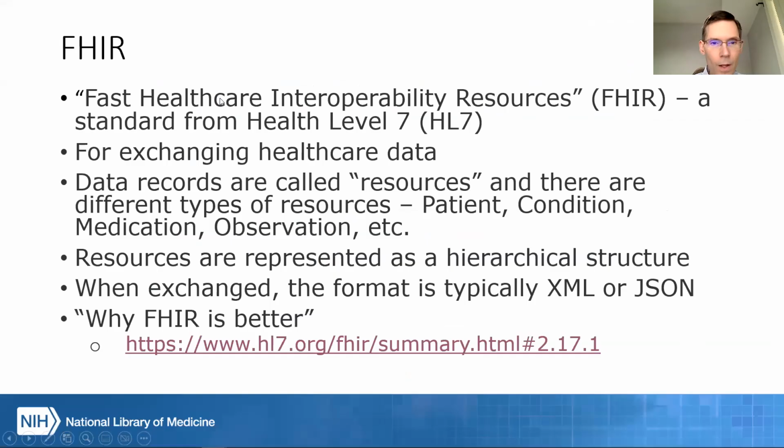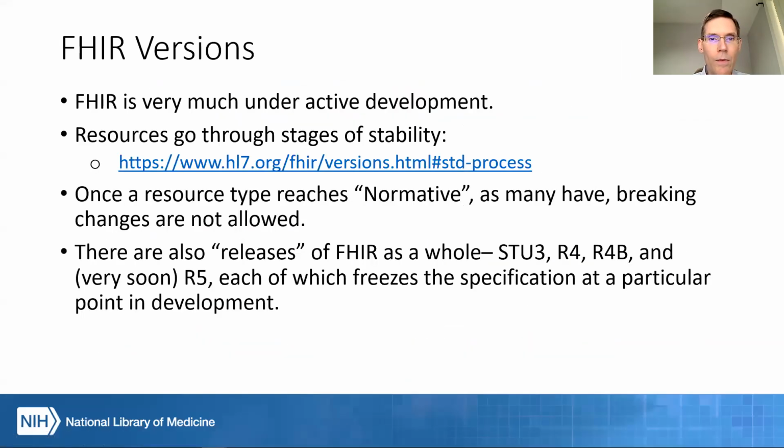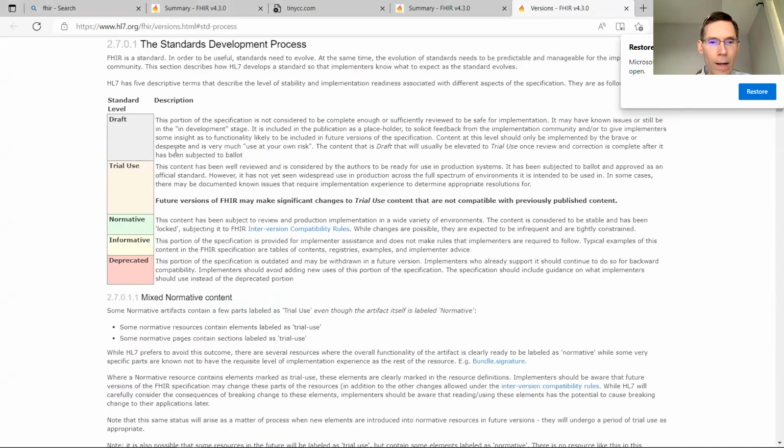Okay. So FHIR is very much under active development, and the resources go through stages of stability. So there are many resources that have made it all the way to the normative stage, in which basically there are no more breaking changes allowed at that point. Then there are some at trial use where you can still have some breaking changes, but it's sort of stable.